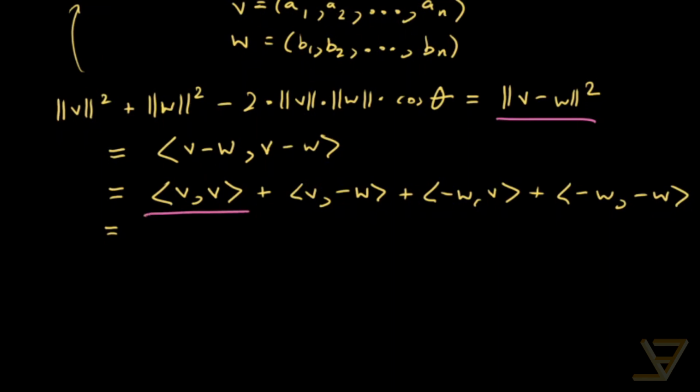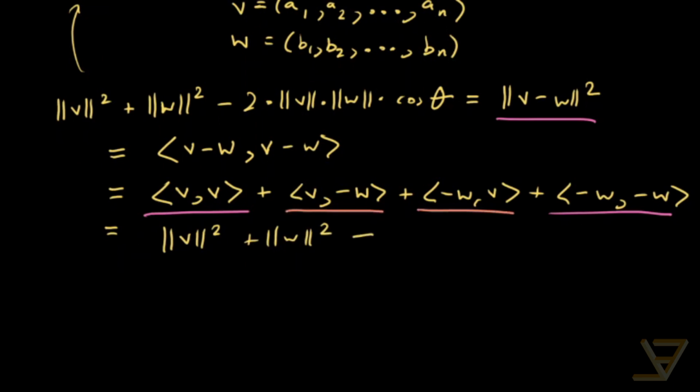So this one gives us the norm of V squared, and this one gives us the norm of W squared. And now we use homogeneity and commutativity on these two to get negative 2 times the inner product of V and W.